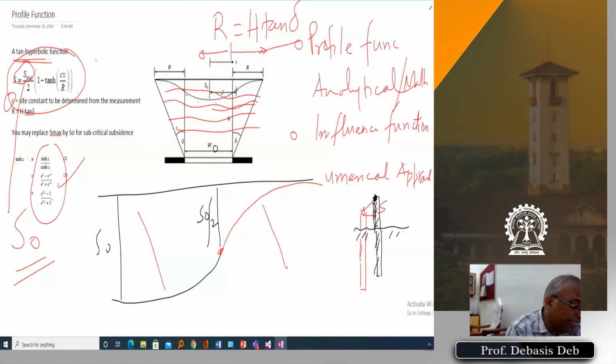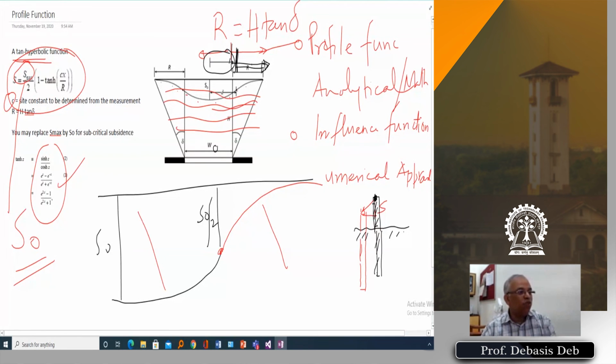Okay, so you are saying this is S0 by 2 because this is 0, so this is 1. So this X is given wrongly. It is starting right at the inflection point, wherever the inflection point is. So at the inflection point, X equals 0.